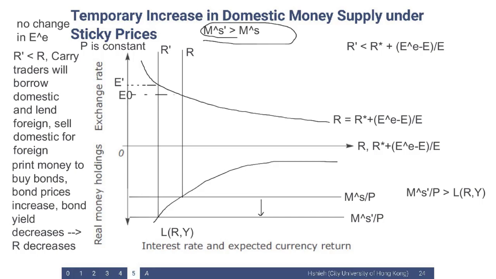Given that R star can't change, and E hat E doesn't change because we assume no change in E hat E, the only other parameter we can change is E. So E has to move in a direction that offsets this decrease in R, to R prime. So we have to make the entire right-hand side lower somehow. We can do that by allowing E to go up. Yes? So that's why we end up here, at E prime. So mathematically walking through it, you know exactly what happens.